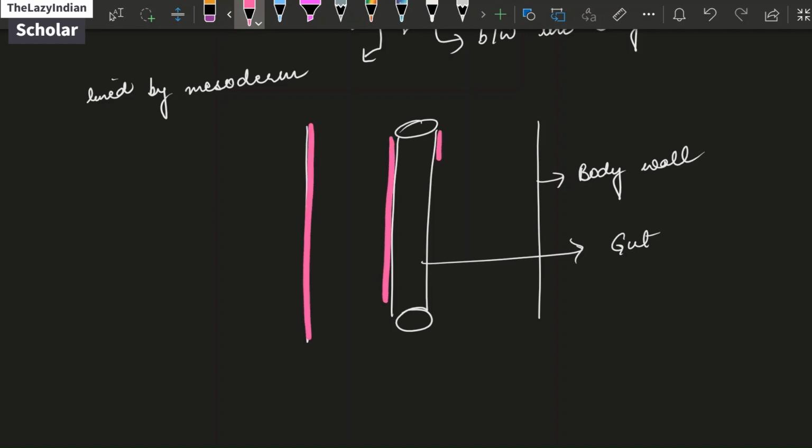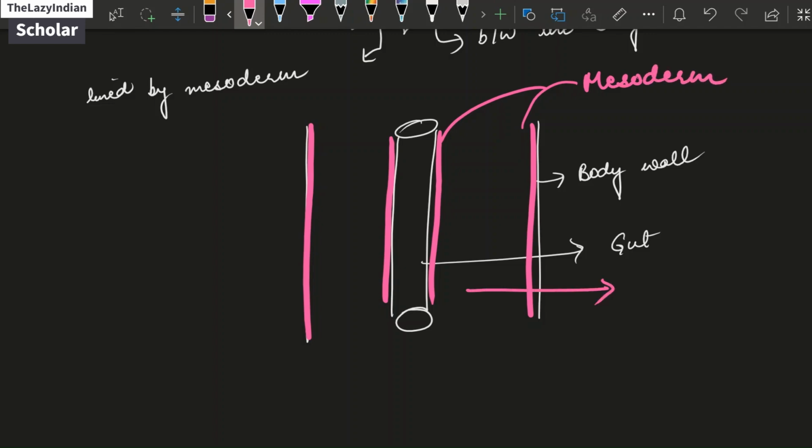This is lined by the mesoderm. This gut is also lined by the mesoderm. Now this pink color shows the lining of the mesoderm. And in between these two, this hollow space is known as coelom.